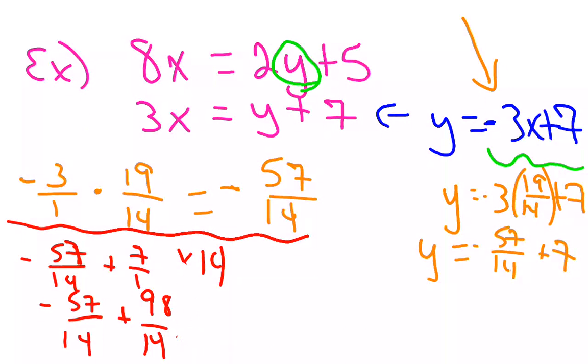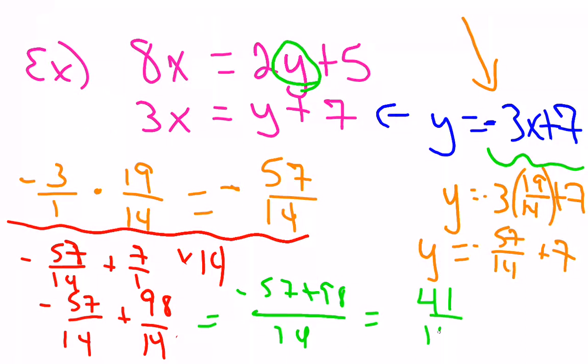And now we can add them together. So we keep the denominator, but we add the numerators. So we have negative 57 plus 98 gives us positive 41/14, and we see if we can reduce that at all.